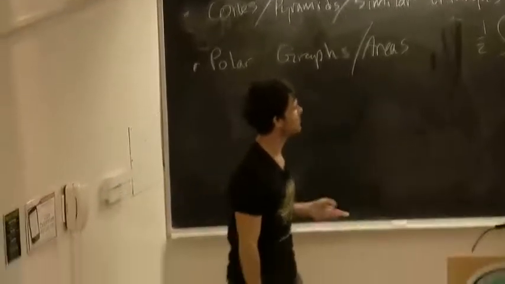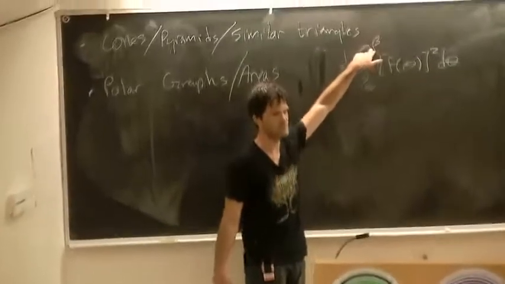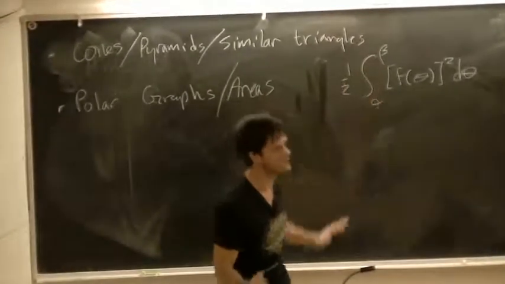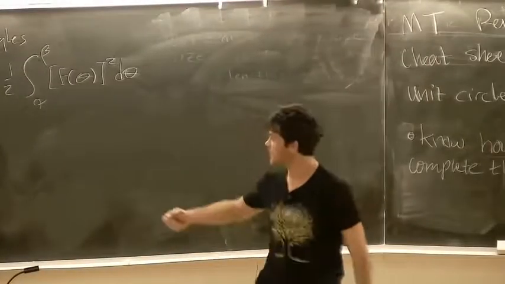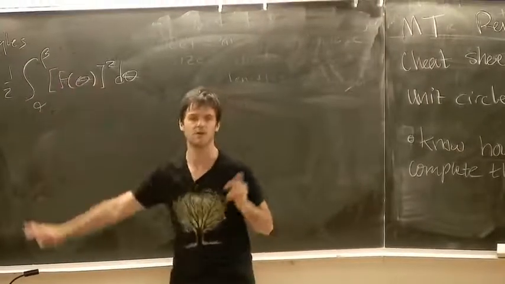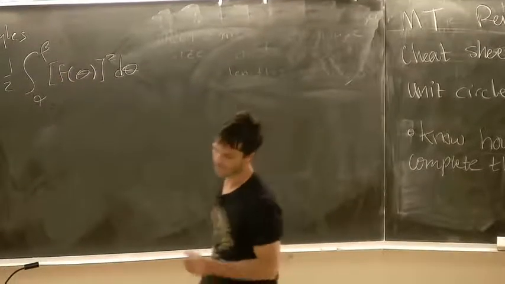And the hardest part usually is knowing what the angles should be. So you don't have to draw a perfect graph, but it needs to be good enough to figure out what the angles should be should I ask you for an area calculation.